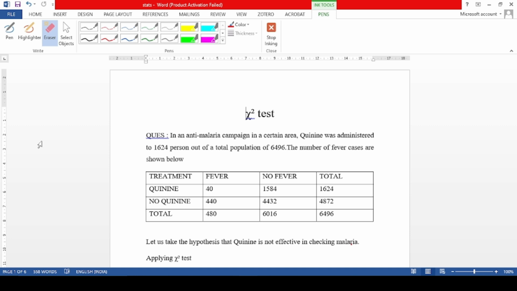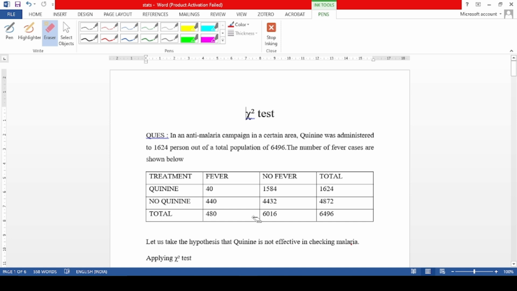So first question, in an anti-malaria campaign in a certain area, quinine was administered to 1,624 persons out of total population of 6,496. The number of fever cases are shown below.